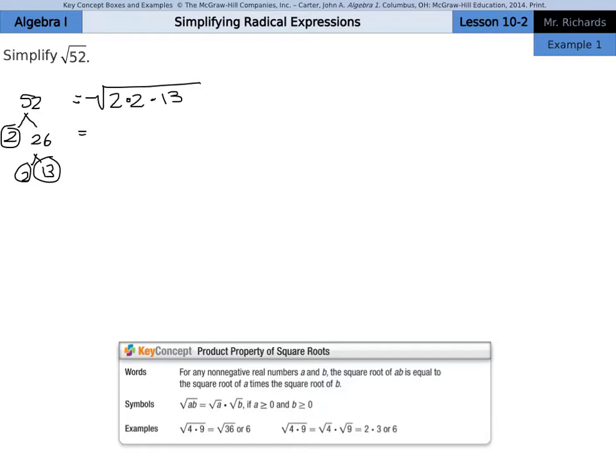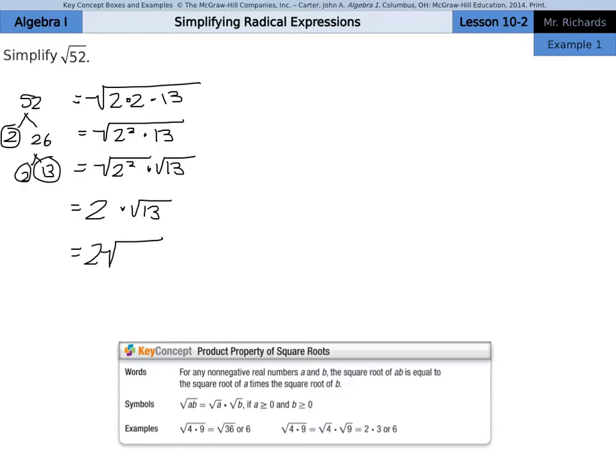Well, 2 times 2 is what we're looking for, because that's 2 squared times 13. If we break this apart one more time, this is the square root of 2 squared times the square root of 13. The square root of 2 squared is just 2, so we have 2 times the square root of 13. We can write this simplified answer together without the sign: 2 times the square root of 13.